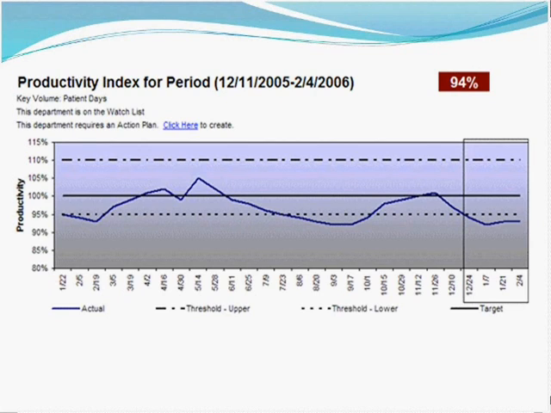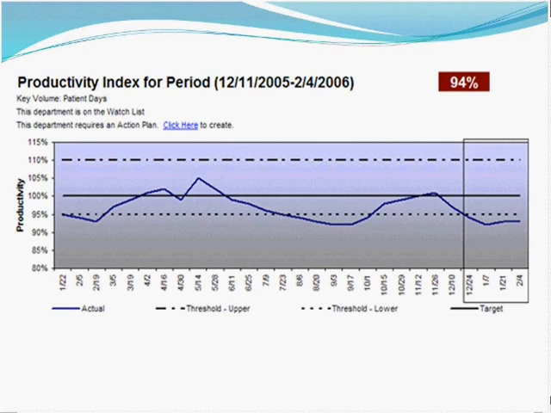And what you see on this screen is a screenshot from a vendor who has a product that can be used as a dashboard by nurses and administrators to monitor productivity of a particular unit. And by productivity, here's what they mean. 100% productivity is providing care with the fewest possible staff at a particular level of patient census.